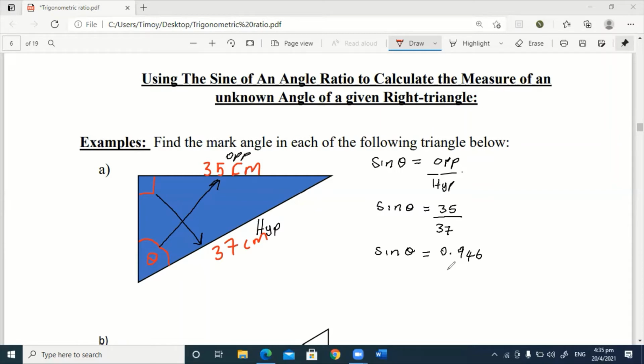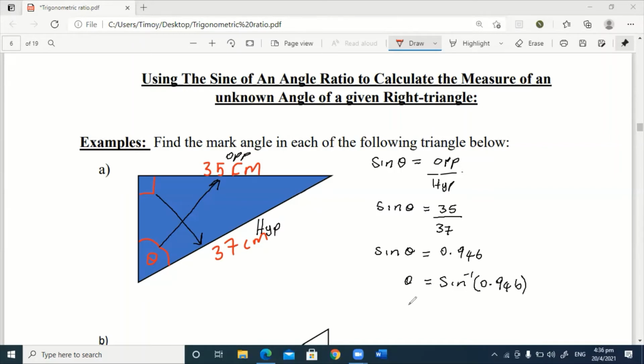Now, in order to determine the angle, we have to use the inverse function. So at this stage, theta is going to equal sine inverse of 0.946.